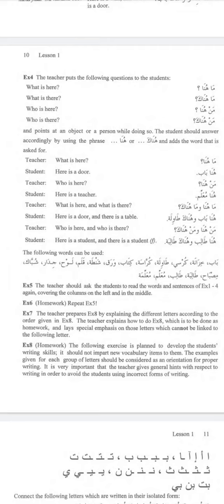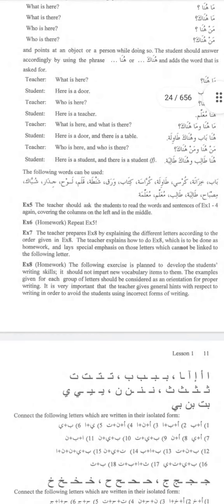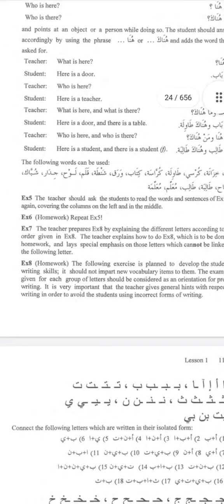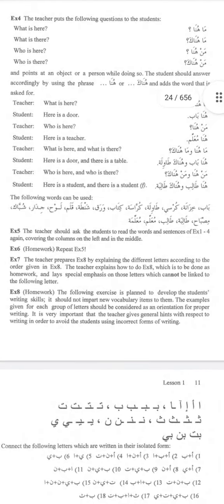Okay, the teacher put the following question to the student. I don't need to put it to you, I just need to read it to you and you read it back to me. Another thing I want you to note in this book is that even though the book is trying to give the vowel signs to some of the words, it doesn't give it to completion. In written standard Arabic, vowels are completely omitted.